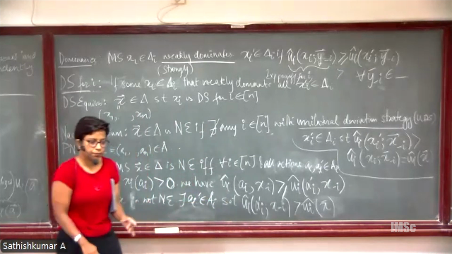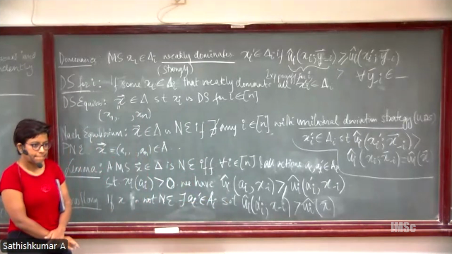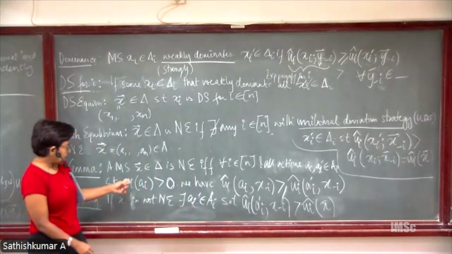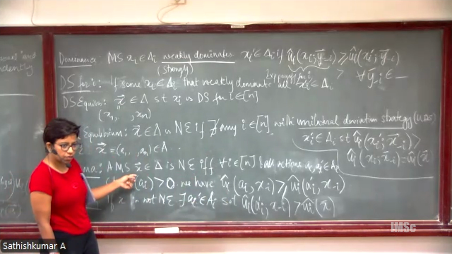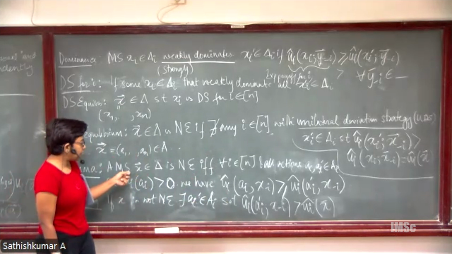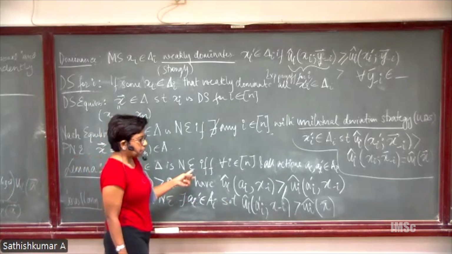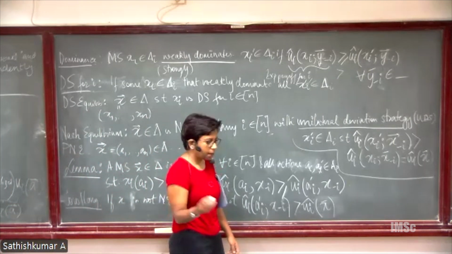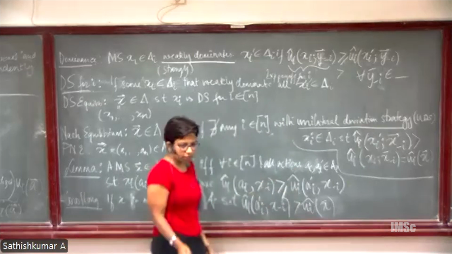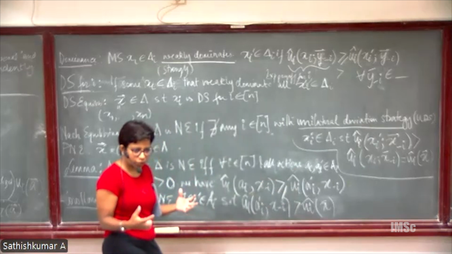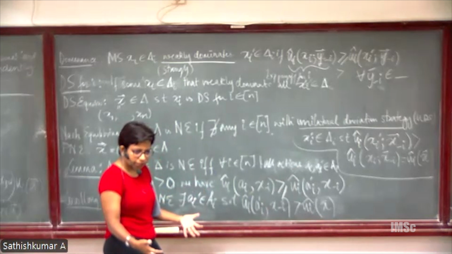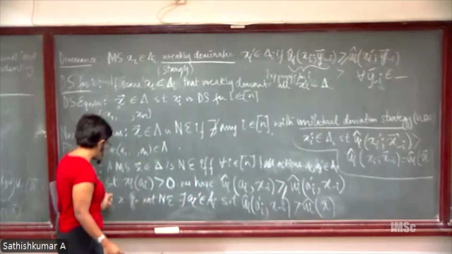Is this clear? Yes. As a contrapositive of this statement, if X is a Nash equilibrium, there exists no pure strategy or no action that this individual can take that will give him a strictly better payoff than any of the actions within that support.